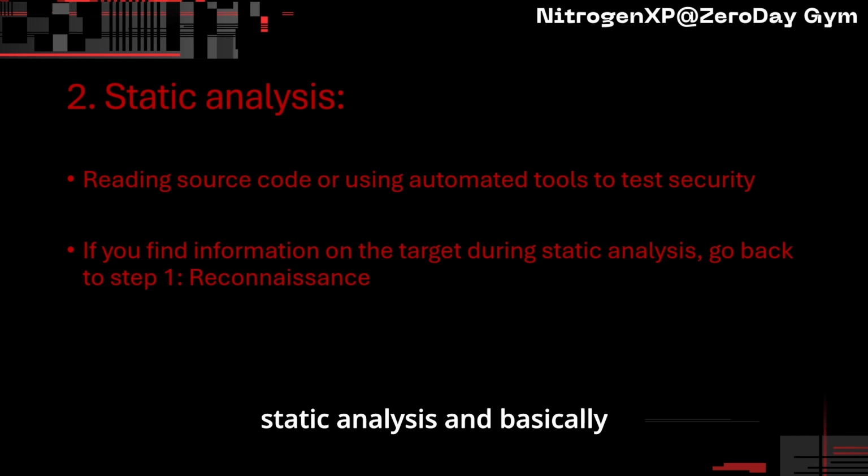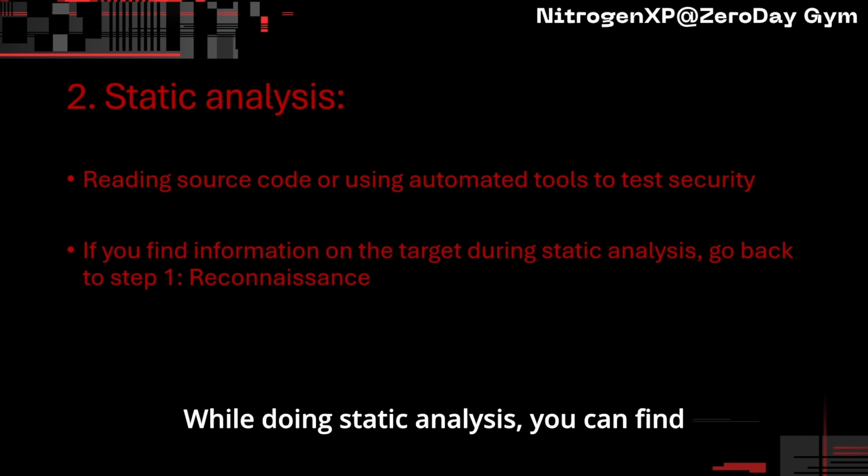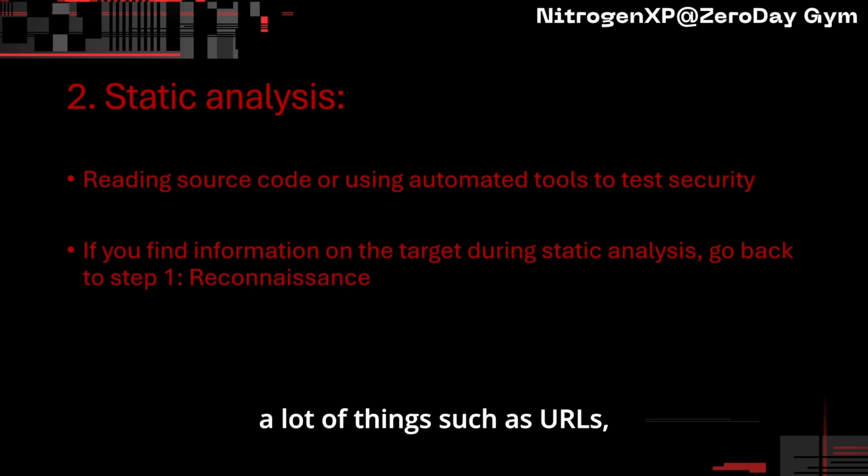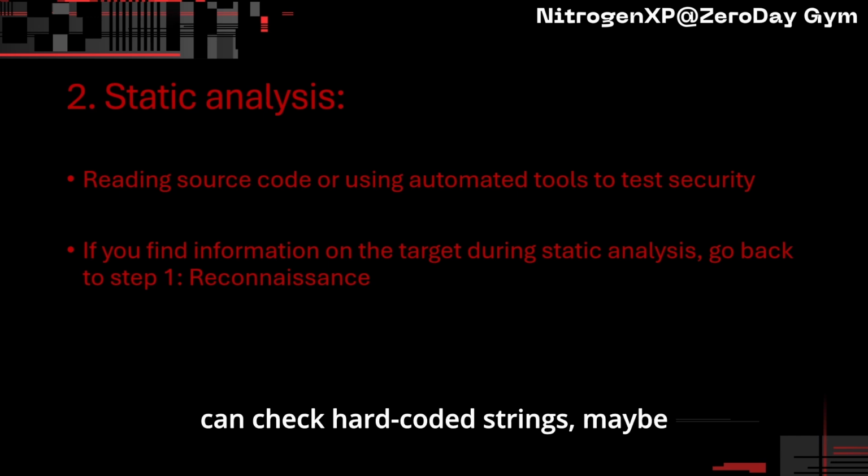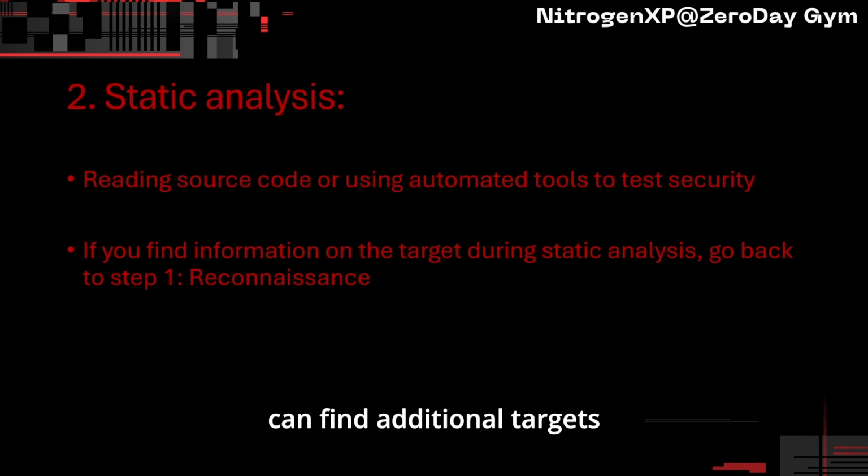And basically, while doing static analysis, you can find a lot of things such as URLs, emails, usernames, storage buckets, maybe some credentials hard-coded in the source code. You can check hard-coded strings, maybe security misconfigurations. You can find additional targets, and a lot of things such as that.